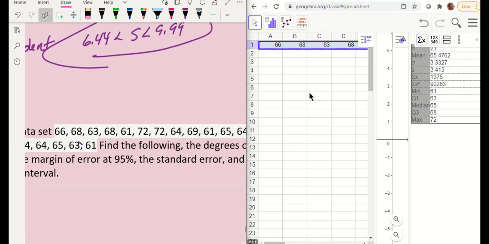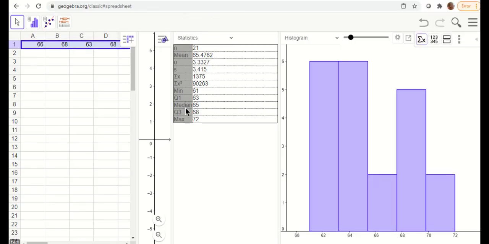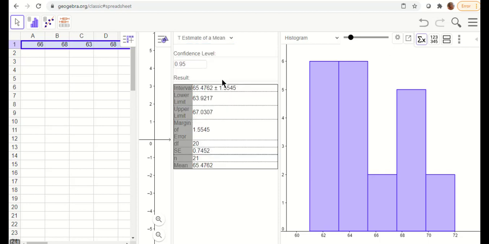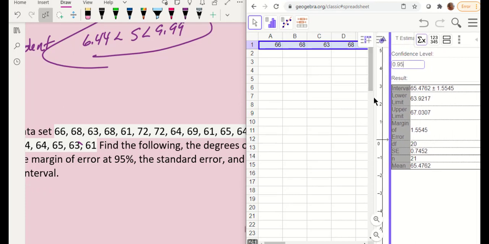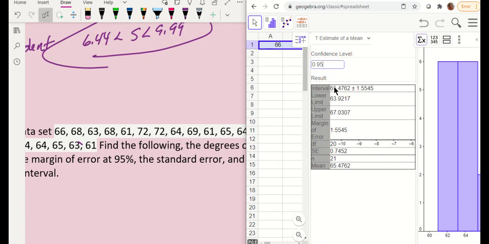So from here, we can actually do one more extra detail. And let me blow it up one more time. In this drop-down statistics menu, we can actually select the t-estimate of a mean. So that means now we can actually select what confidence level we are at. We want to be at 95%, I do believe. Yes, we do. So we are now at 95% confidence level. And we can see that our lower confidence level is going to be at 63.9.